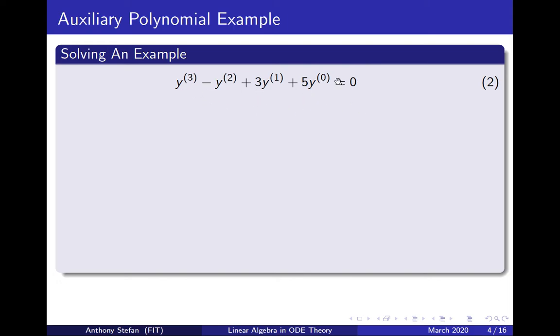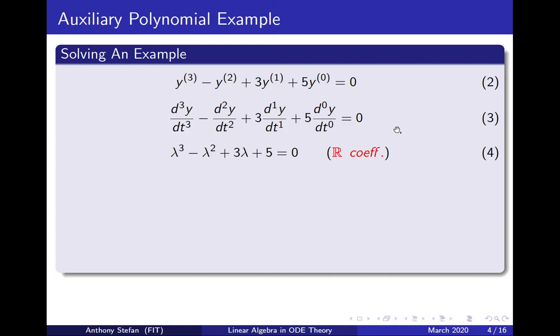It is linear, and it is ordinary because we are only differentiating with respect to time. So in this equation 2, just to show you explicitly the notation, we're taking the third derivative, second derivative, first derivative, and not taking a derivative of this y.